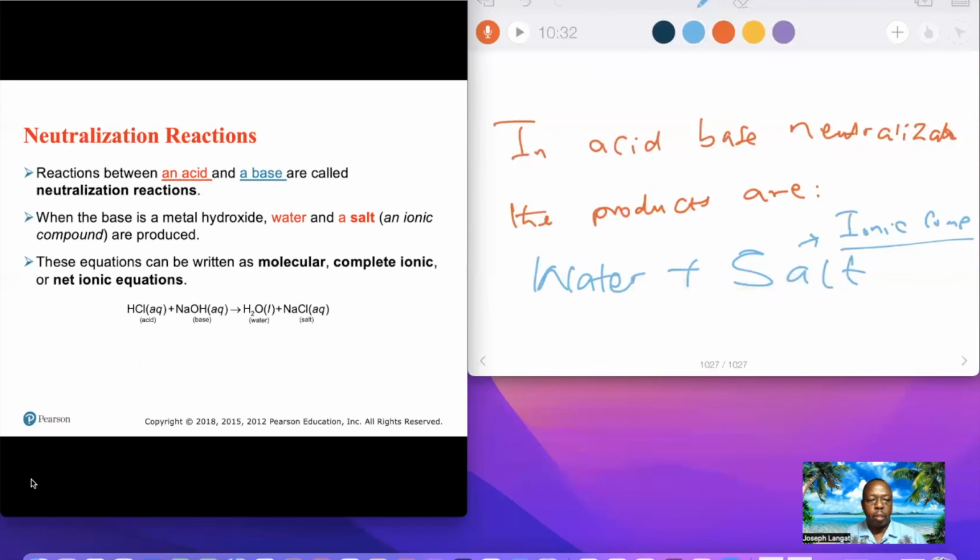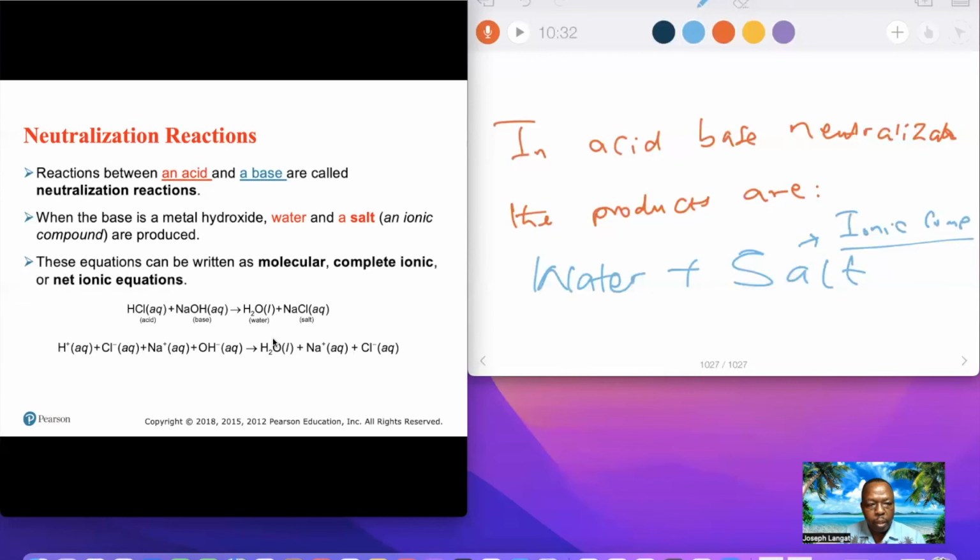HCl, this is a strong acid with a strong base. This is the molecular equation. We can split this. Remember, we don't split liquid. When writing the complete ionic equation, we will split wherever we can. So this is the molecular equation. What you see here is the complete ionic equation.